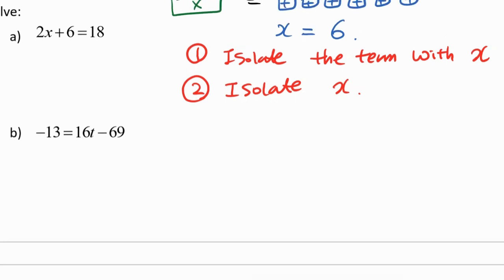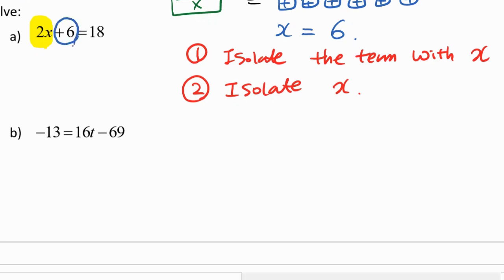Okay, here, where's your x? Your x is here. And what is the term with x? 2x. 2x is the term with x. So we're going to isolate the term with x first. To do that, we have to get rid of plus 6.